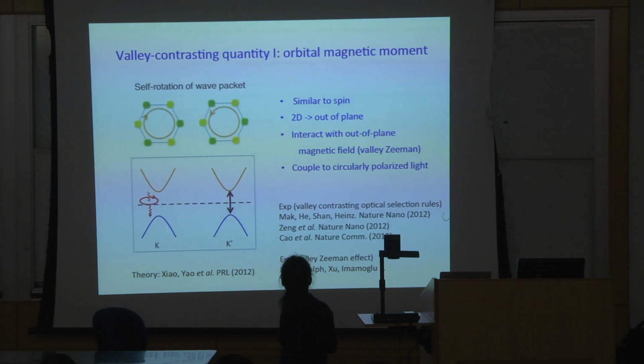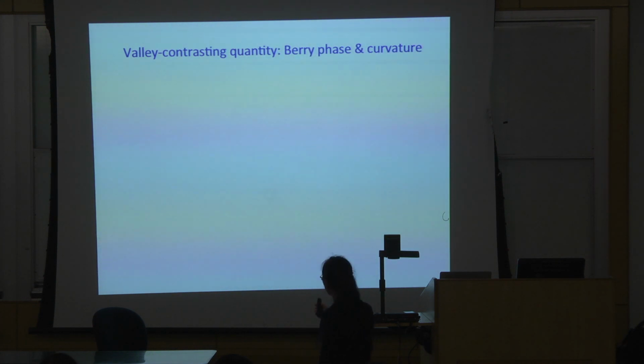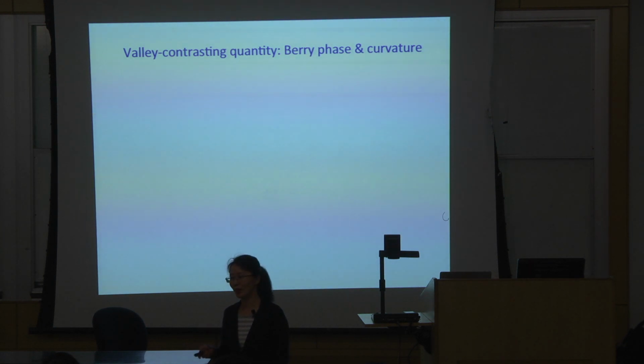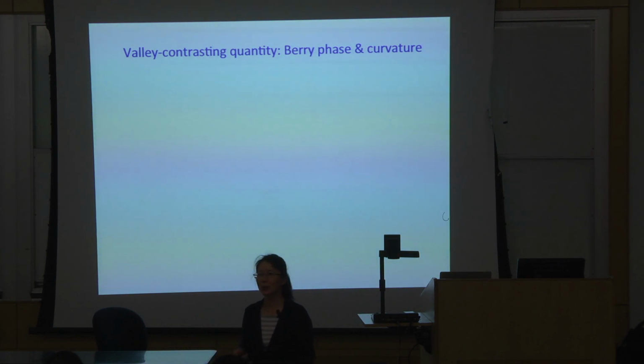Okay. The next important valley-contrasting quantity is something called Berry phase, Berry curvature, and we have heard this quite a lot. I don't know whether I can explain this in a couple of minutes, but I want to show you maybe some pictorial thing. It's not rigorous.